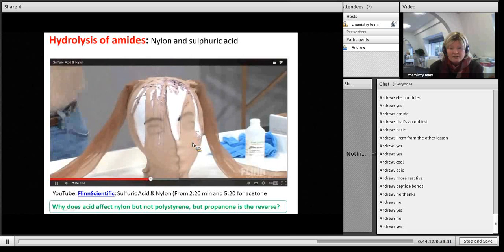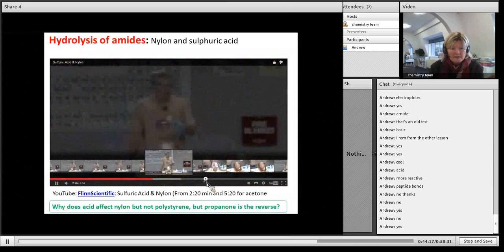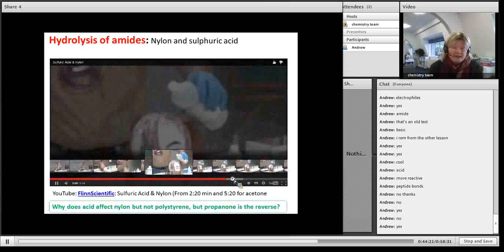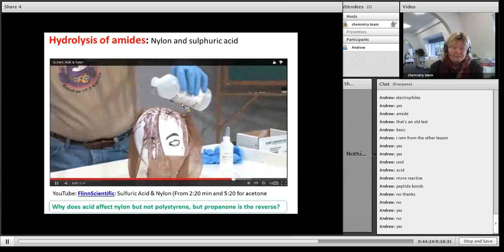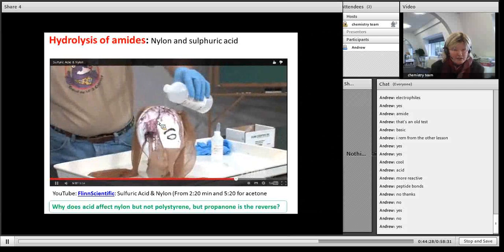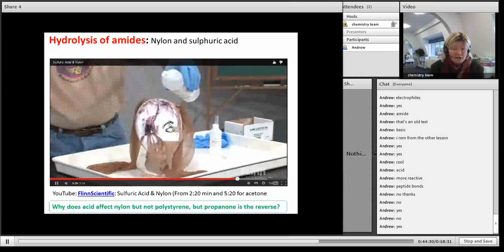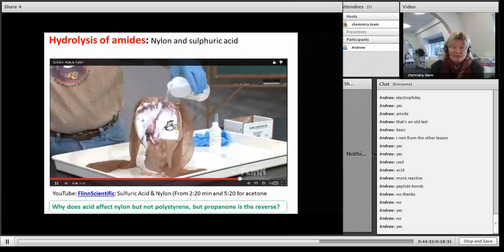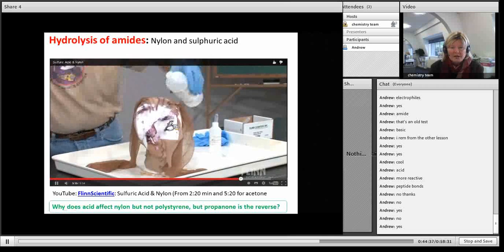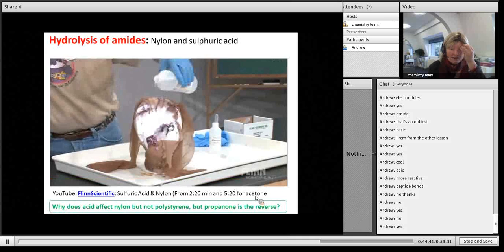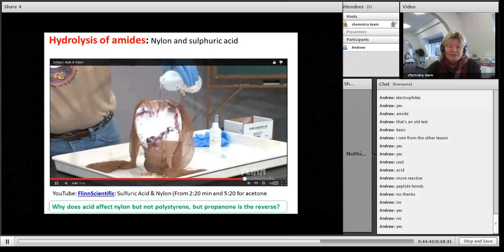And if I carry on further, now they're adding acetone, or propanone. And can you see how the polystyrene is now dissolving? Propanone is not particularly non-polar, but it's non-polar enough, so the polystyrene will dissolve in the acetone.